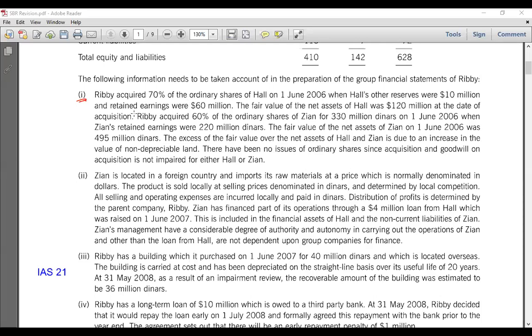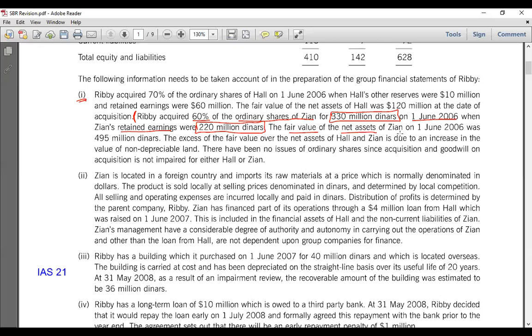Now we are reading the requirement from over here because this is what is relevant to us. The question says Ribi acquired 60% of the ordinary shares of Zian for 330 million dinars. The cost is given in dinars on 1st June 2006, when Zian's retained earnings were 220 million dinars.